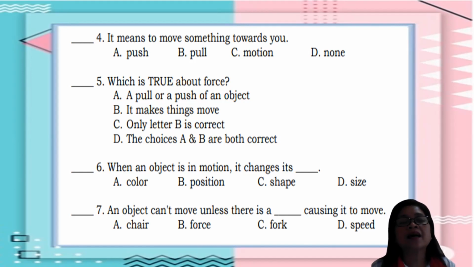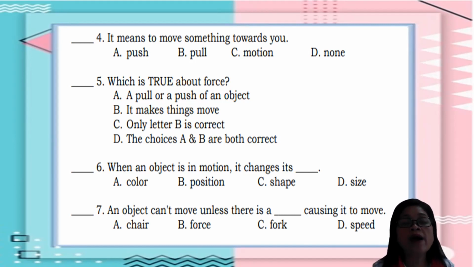All right. The answer is letter D. Choices A, which is a push or a pull of an object, and choices B, it makes things move. So those choices A and B are both correct. So the answer for this is letter D.